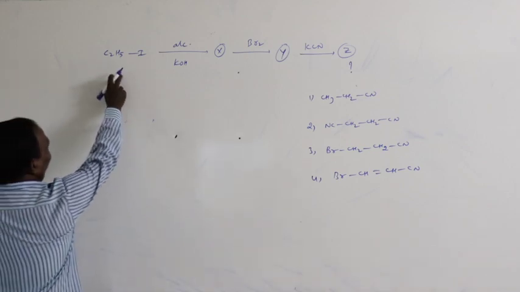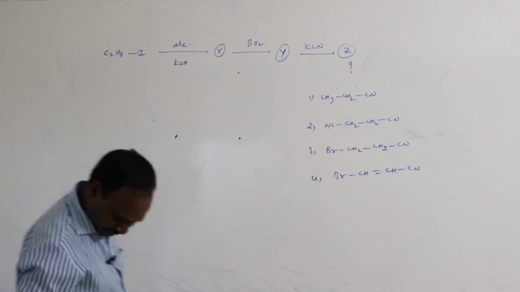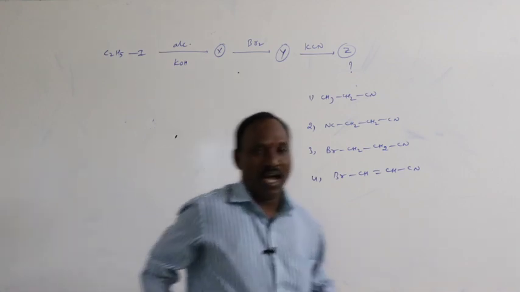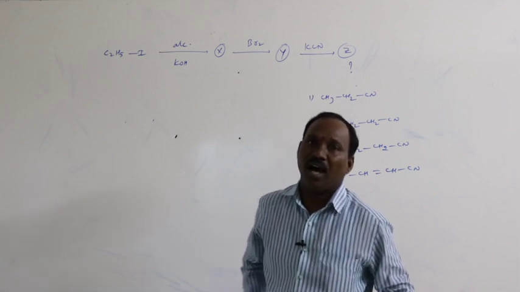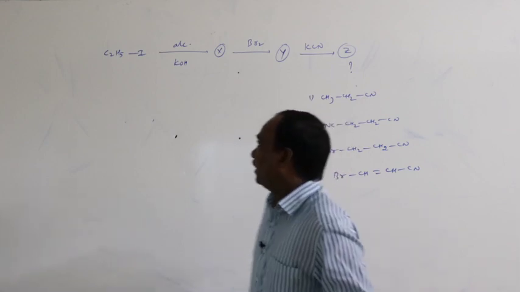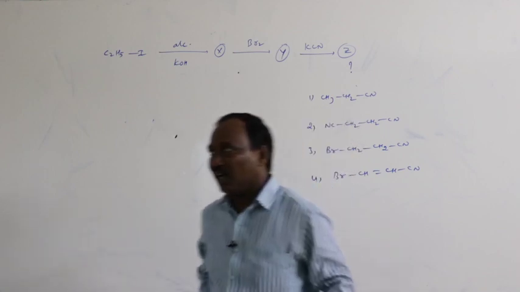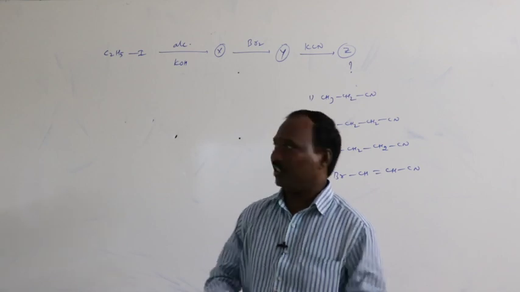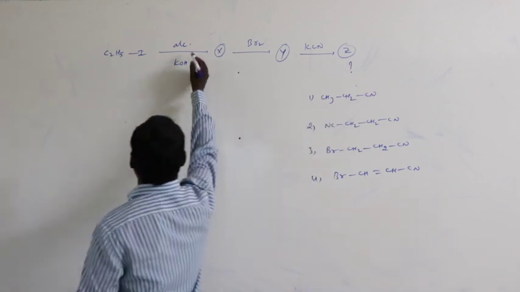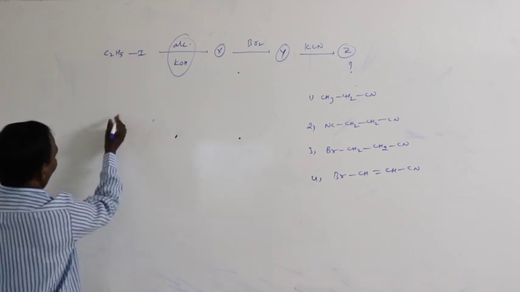First, ethyl iodide on treatment with alcoholic KOH. What happened? Dehydrohalogenation reaction takes place, because alcoholic KOH is used. Alcoholic KOH is used for dehydrohalogenation.